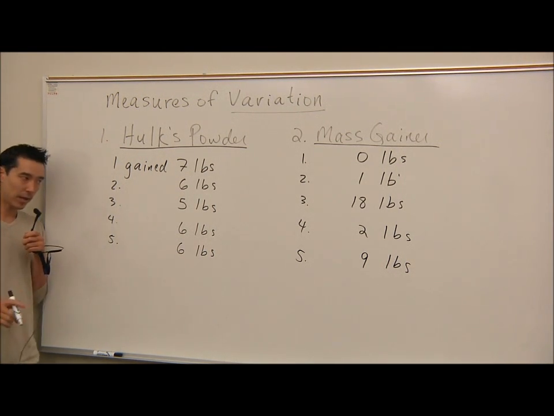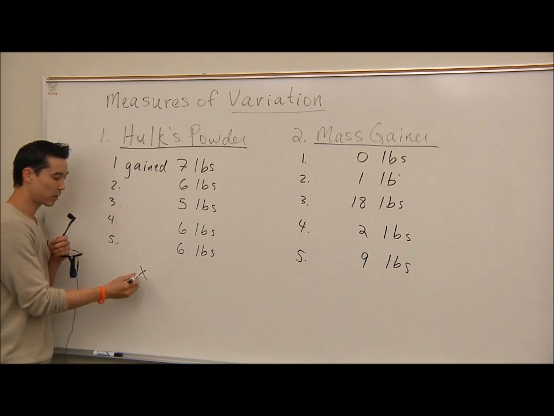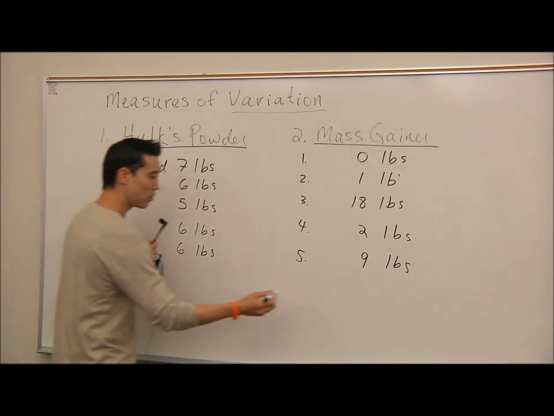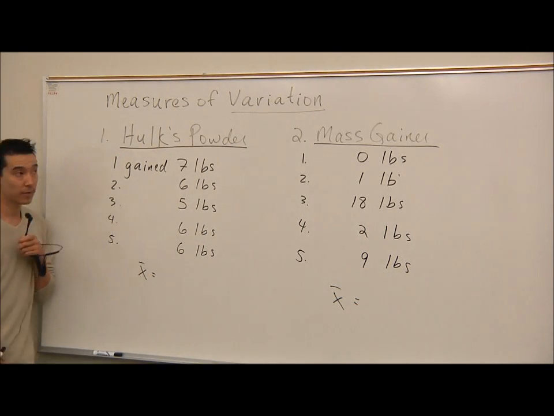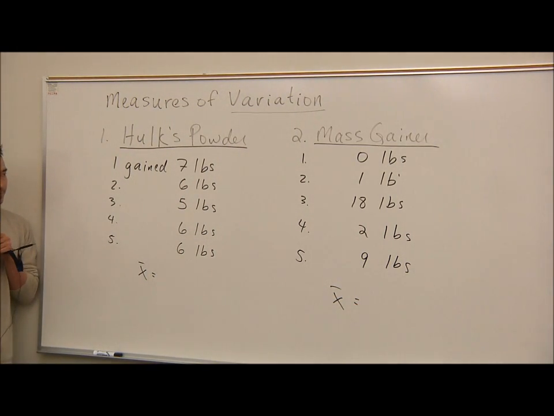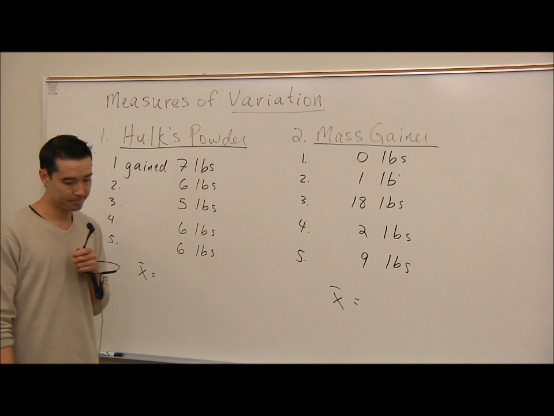The first thing that I would like you guys to do is find x bar for each. Okay? What was the average amount of muscle gain for each of these examples? So remind me, how do I do average again? You just add them up and divide by how many there were, right? So in each case, there's 5 really small samples here.